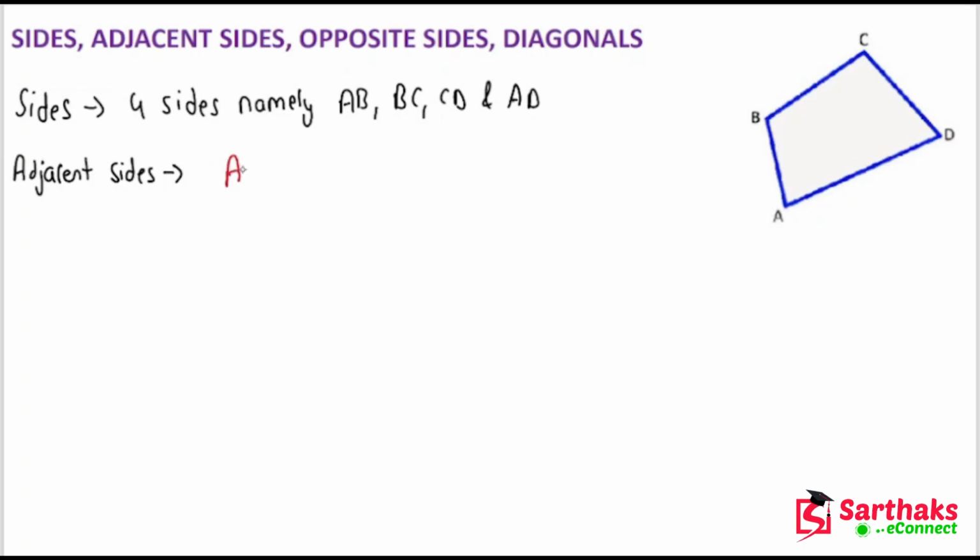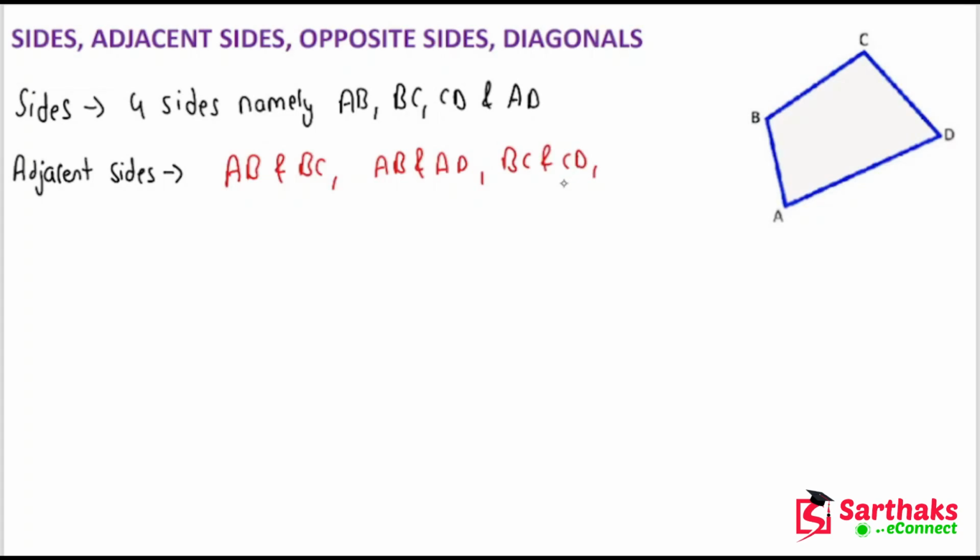For example, AB and BC, these are adjacent. We have a pair of adjacent sides. Then we have AB and AD as adjacent sides, right? You can have BC and CD as adjacent sides.